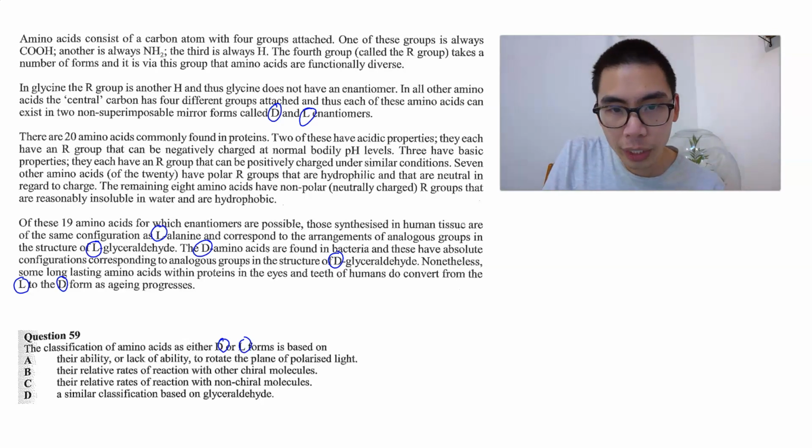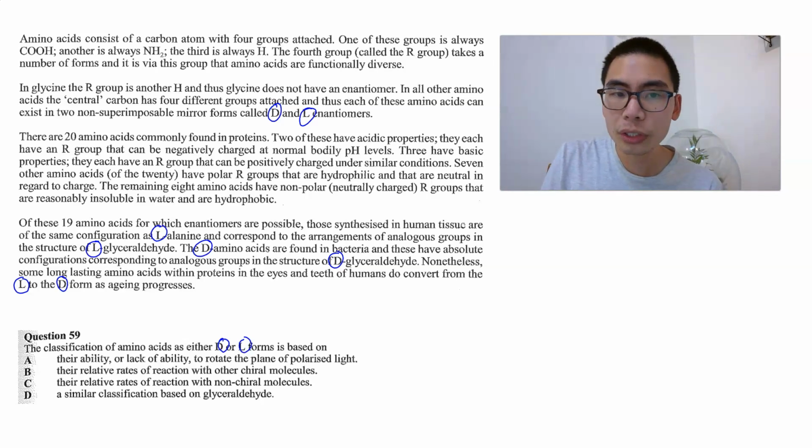What we really want to do here is figure out how to classify amino acids as either D or L, and finish this sentence with the best statement possible. Okay, so could it be based on their ability or lack of ability to rotate the plane of polarized light? What you can do here is stop this video and have a look above.